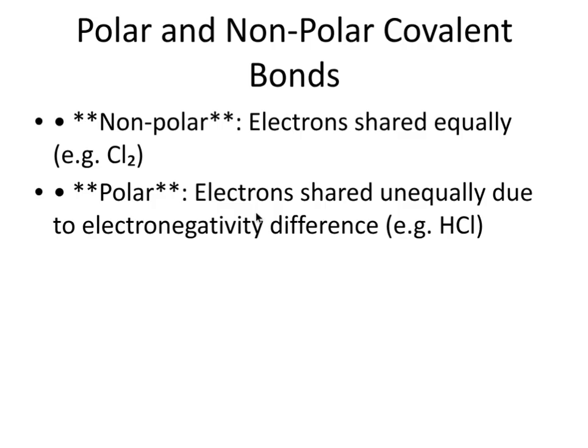Polar is when electrons are shared unequally due to the electronegativity difference. So electrons are shared unequally because there's a greater pull toward one side and not the other side. An example could be hydrochloric acid, HCl.